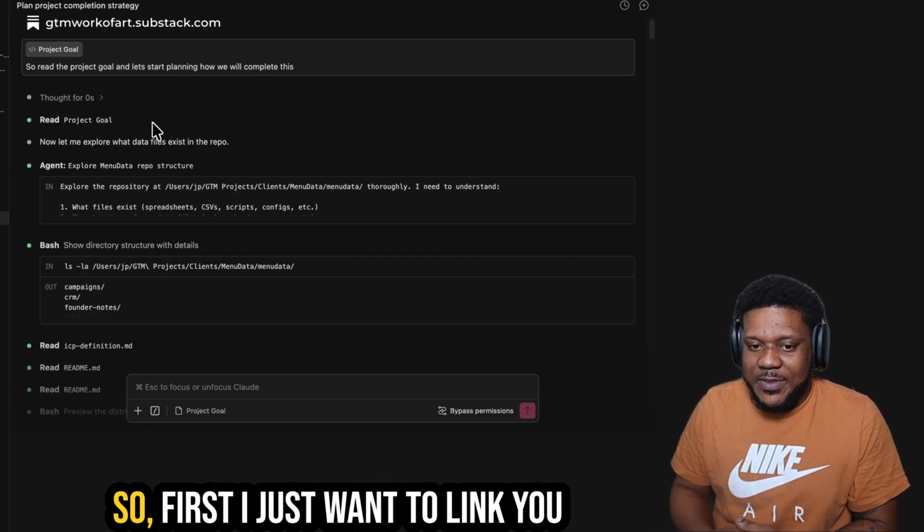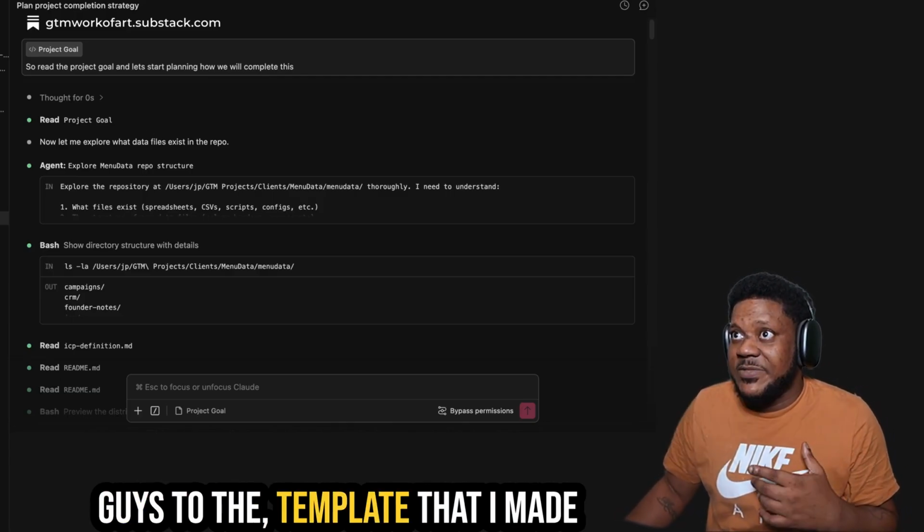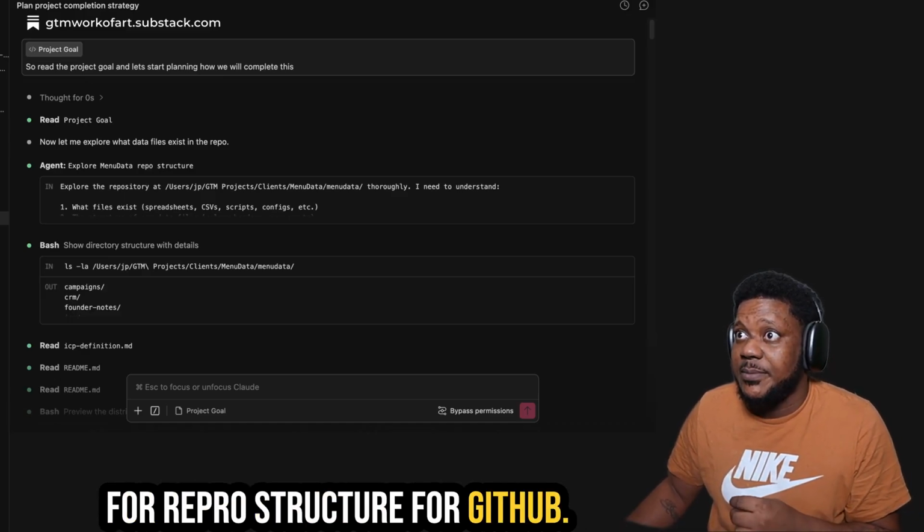Let's look at it. First, I want to link you guys to the template I made for repo structure for GitHub.